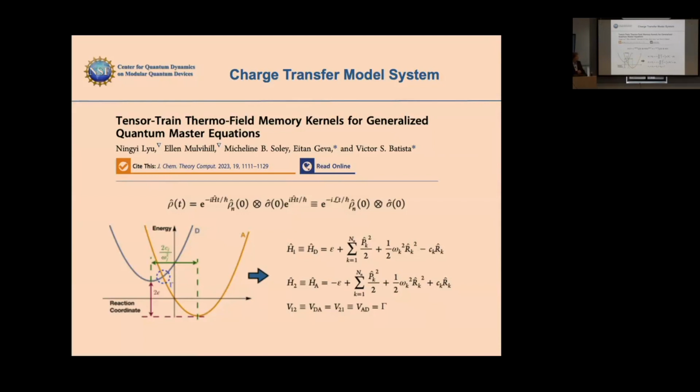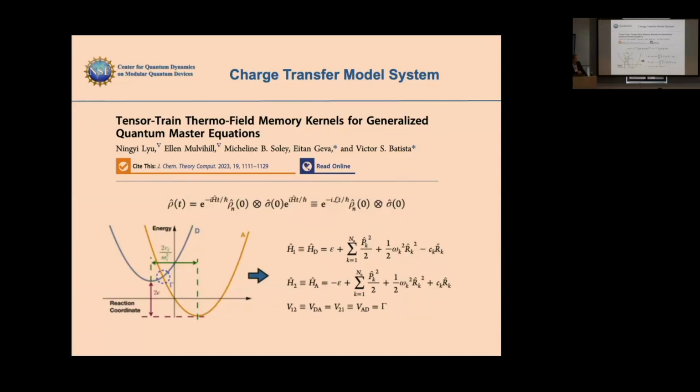And simply, if we had an efficient way of representing the density matrix, then we could propagate it and evaluate observables such as the population of the donor, the acceptor, and so on. And that's exactly what we do with the full tensor train implementation for this problem.